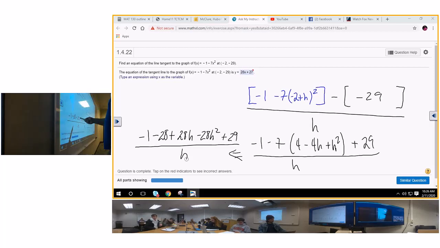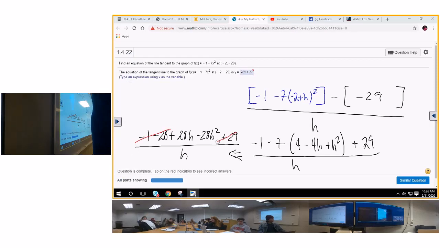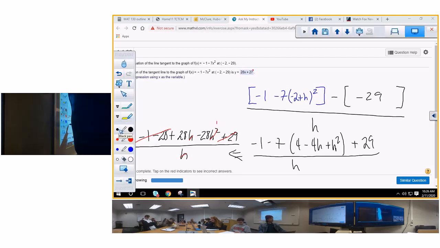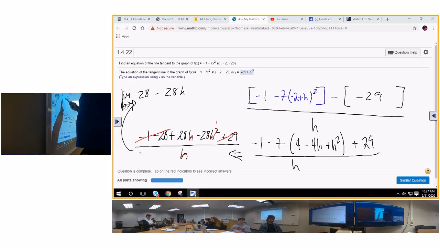And what happens to the positive 29? That goes out, and that cancels that, and this to the first power. So that's going to give us 28 minus 28h, and that's the limit as h approaches 0. Well, that's going to take the h out, and that's going to leave 28.